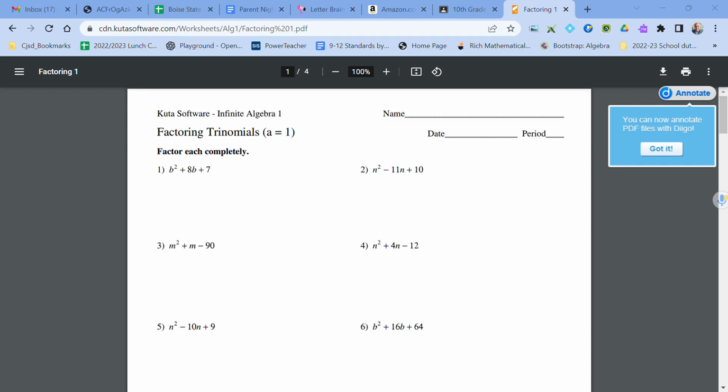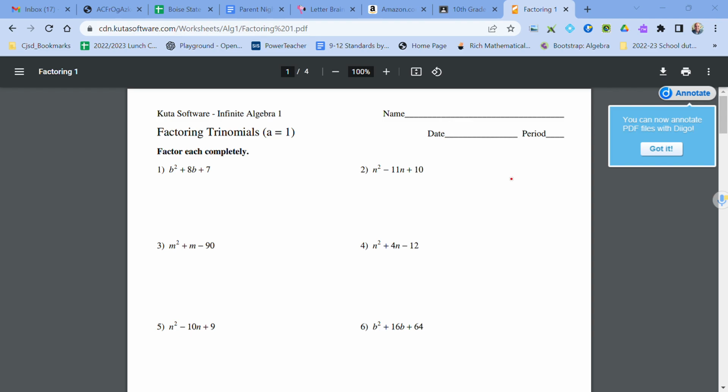And then you would just put a little plus sign because it's a positive in between. Now, what happens is you can look at this in the reverse, right? So here we have x squared plus 2x. This is called multiplying, right?